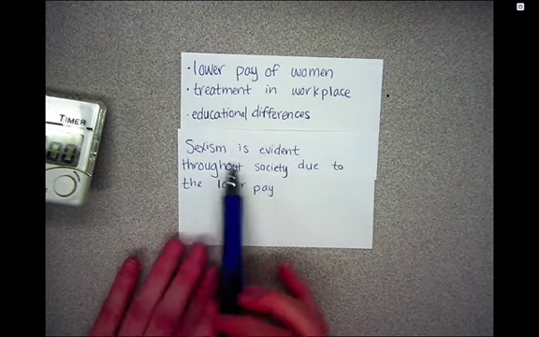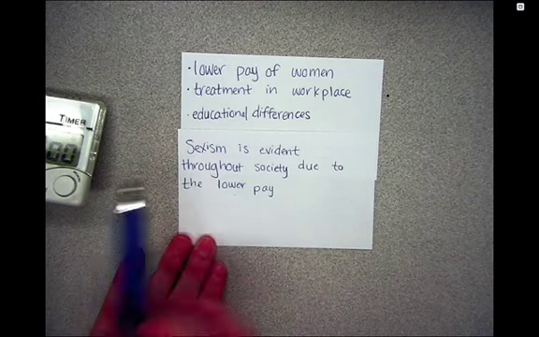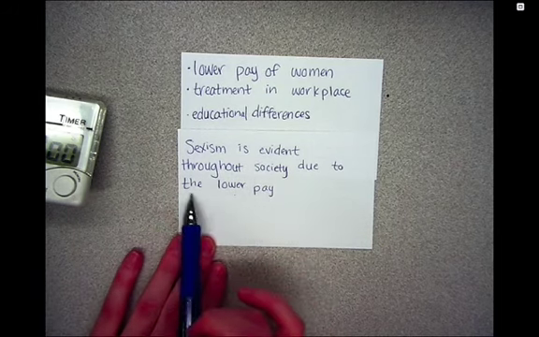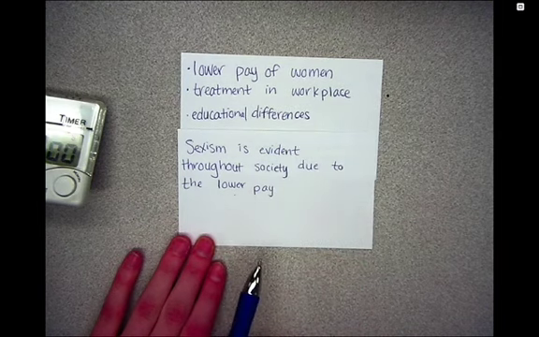So see how I started out making my claim, I say my ism, because we need to know what this whole paper is about, your ism. The claim about it is that it's evident in society, and then I go into my 3 big ideas that I'm going to talk about throughout my paper.